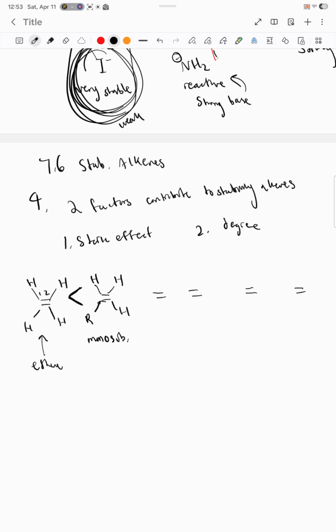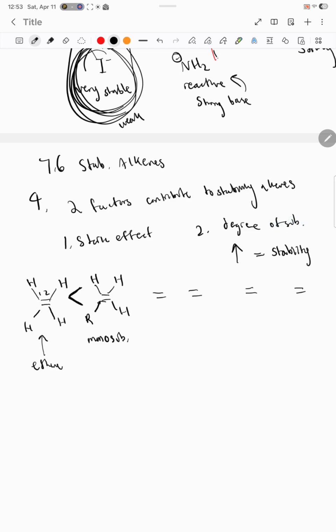And the reasons for this, I'm not too sure. Well, in the answer key it says it's due to electronic effect. Well, we just need to know that according to the laws, higher degree of substitution means more stability.